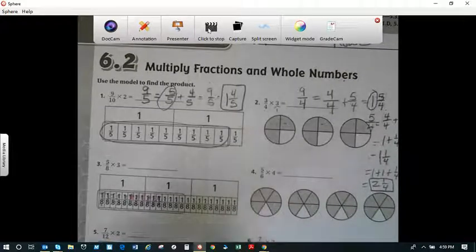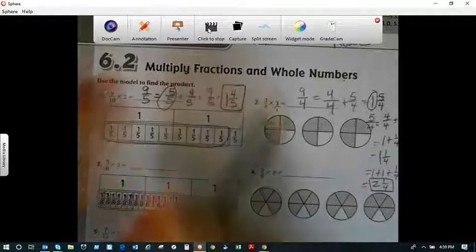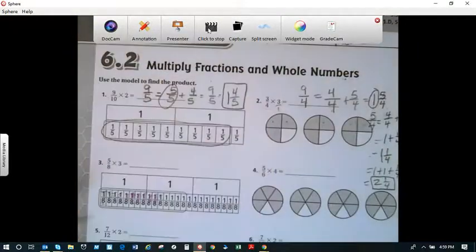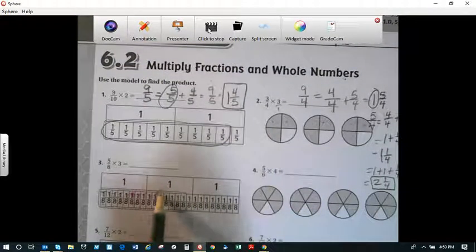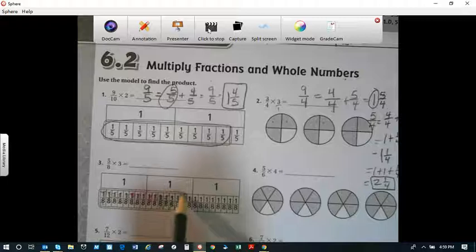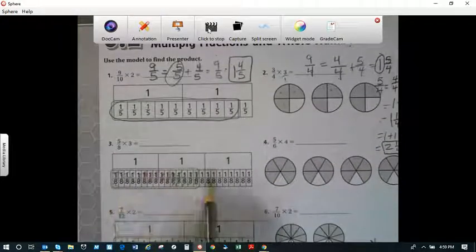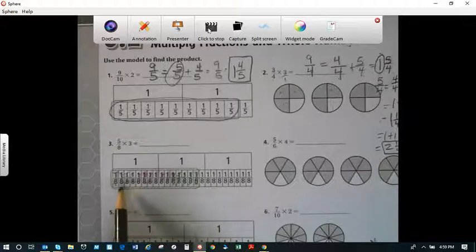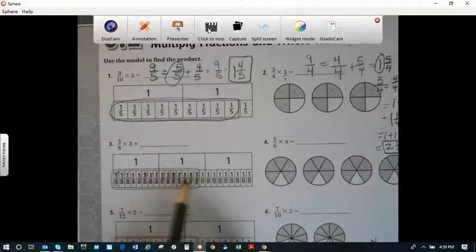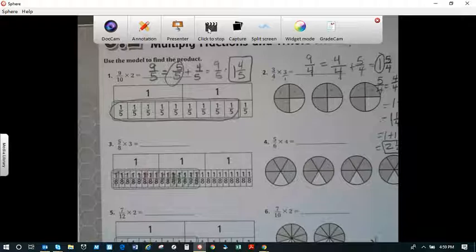I loaned it out to somebody today. I'm going to erase the black one so I can see more color. And so this is 1/8, 2/8, 3/8, 4/8, and 5/8. Okay? And so now I had 3 groups of 5/8. And so how many do I have? 5, 10, 15 eighths total that I circled.